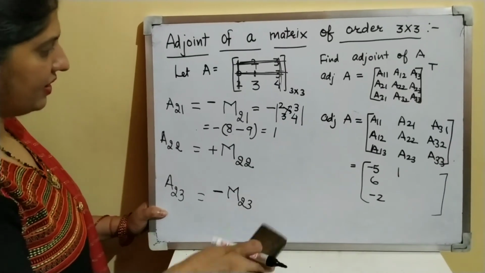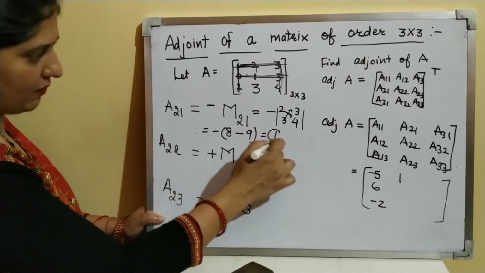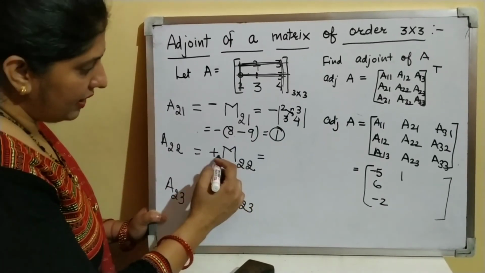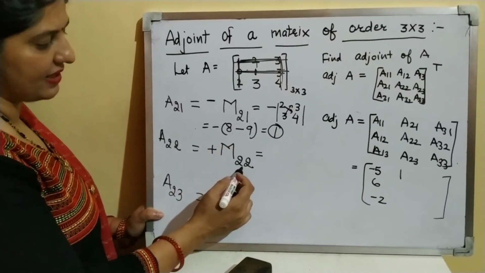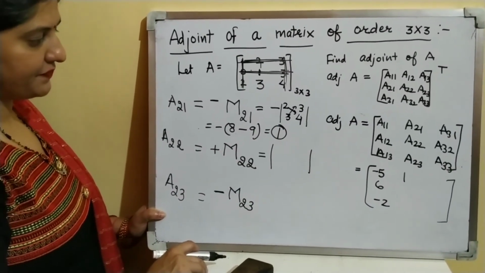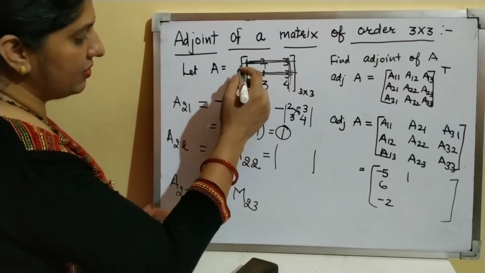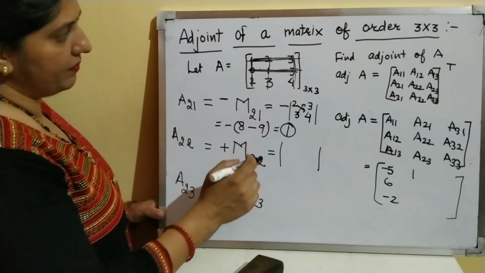In the same way, calculate A22. A22 is equal to the minor of the element that belongs to the second row and second column. So just take the determinant of the matrix by deleting the second row and second column.